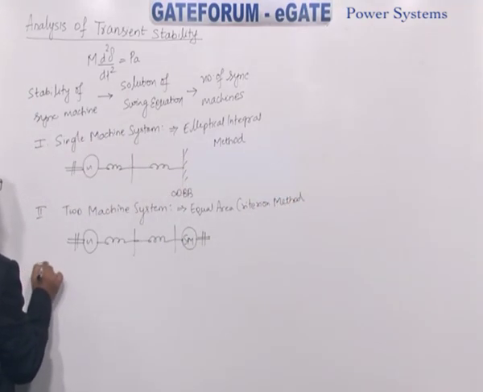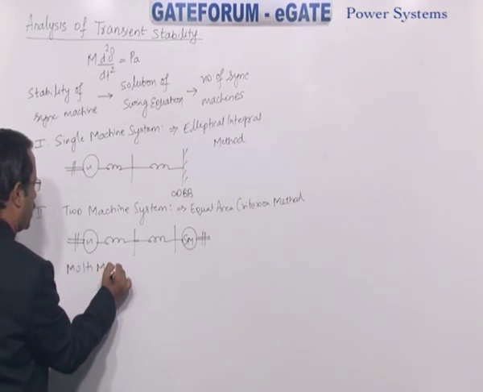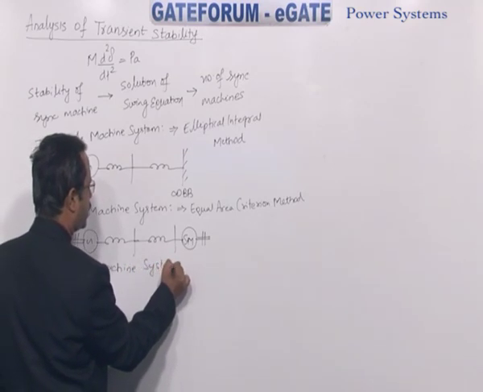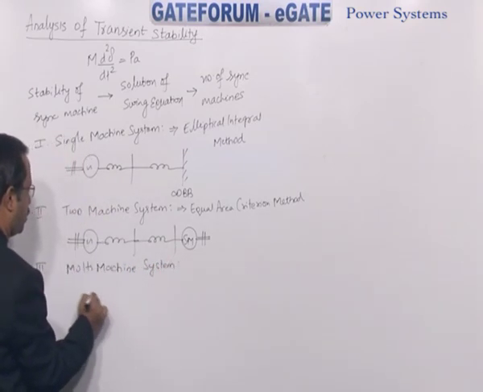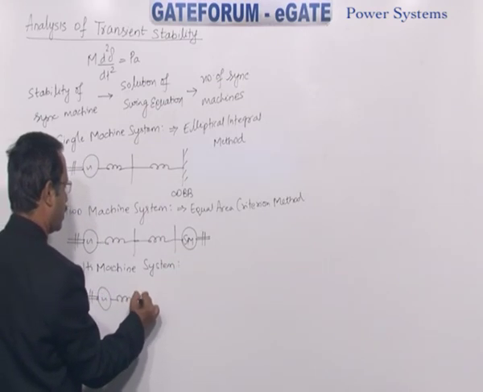And third one is multi-machine system. Multi-machine system means you form an interconnected grid here.